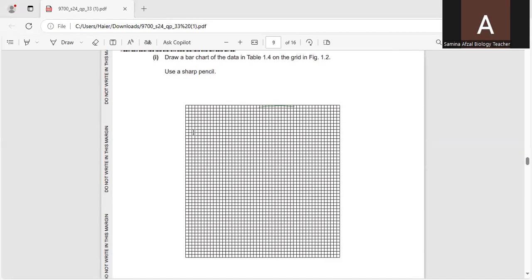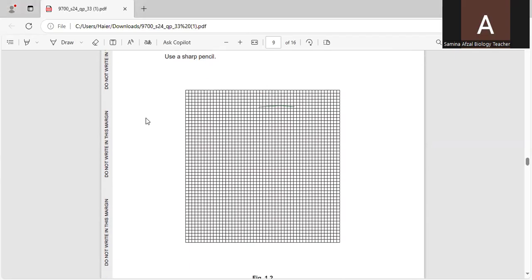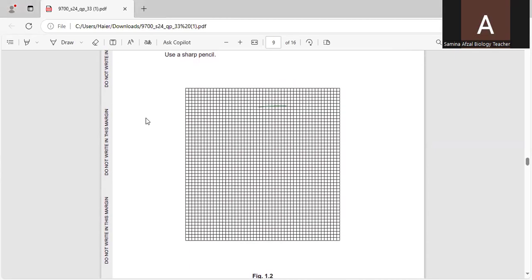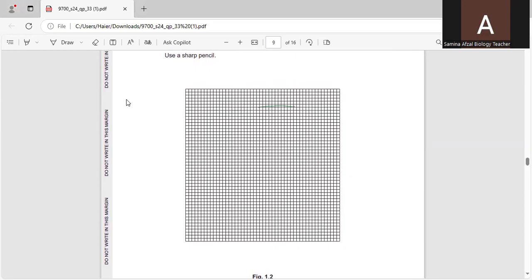Now the question is, draw a bar chart of the data in table 1.4 on the grid in figure 1.2. Use a sharp pencil. So we are going to make a graph over here. On the graph, on the x-axis, you are going to take the sources of carbohydrates.